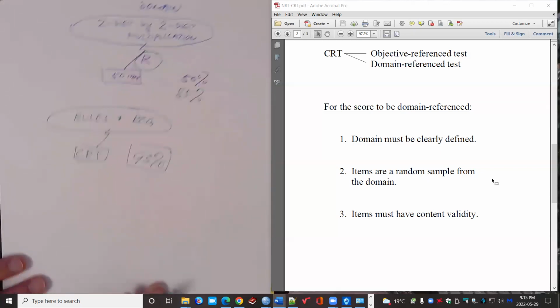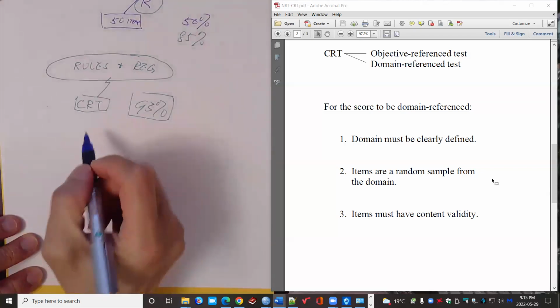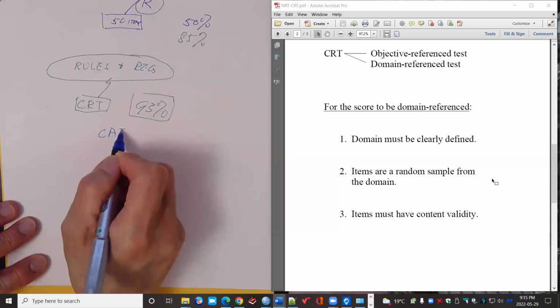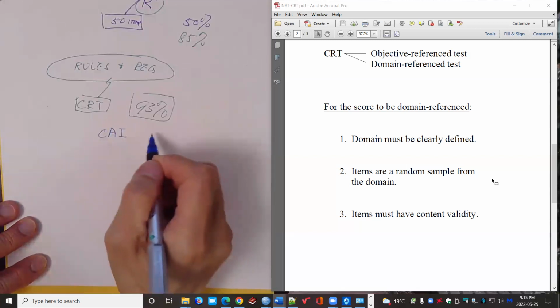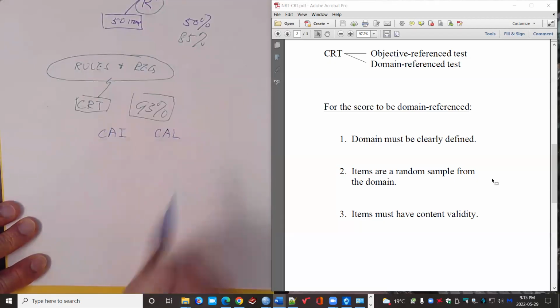Another use, most of the time, is CAI, computer assisted instruction, also called CAL, computer assisted learning.